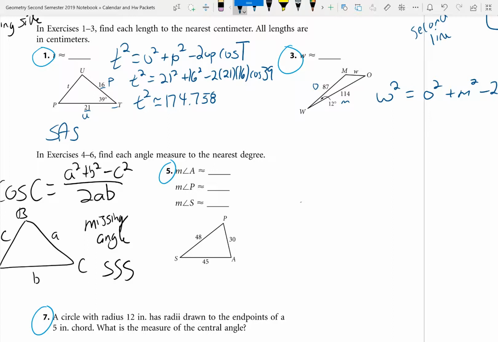Then square root that number, and we'll get t is approximately 13.21. To the nearest centimeter, that's about 13 centimeters. And there's number 1.